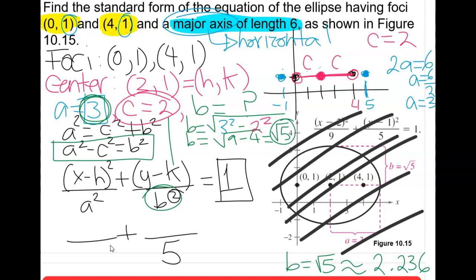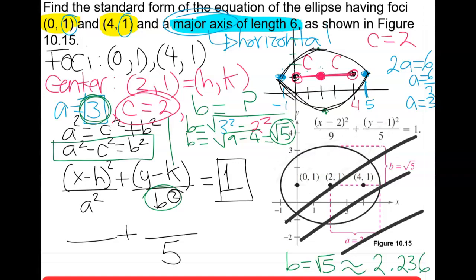So what it means is that if we were to go 2.236 units up from the center, maybe there, and then 2.236 units below the center, by connecting those 4 points, we can actually trace our own ellipse. Of course, it's not that pretty, but that's why I left the graph here so you can see a pretty one.